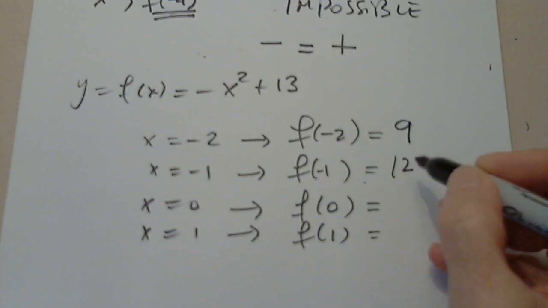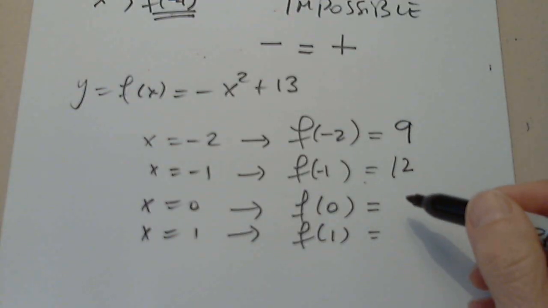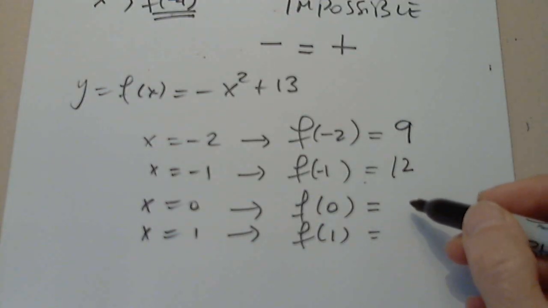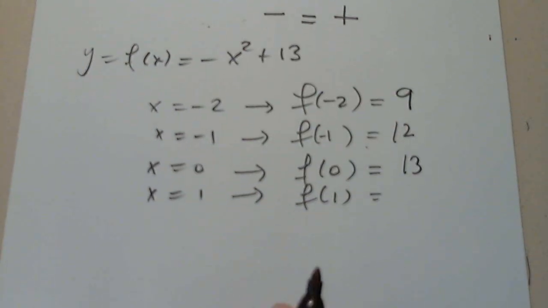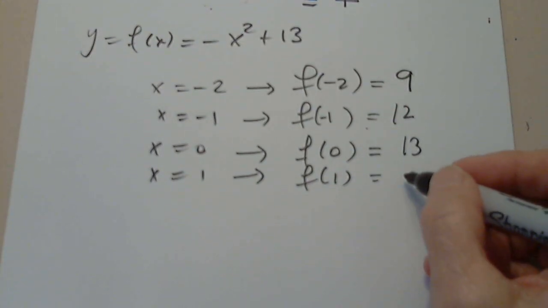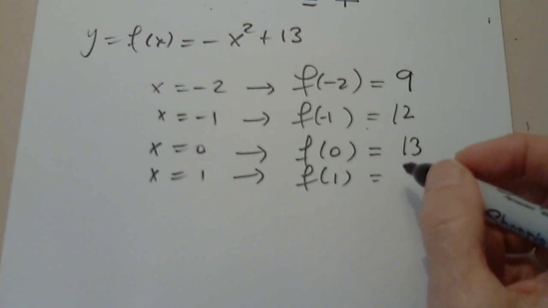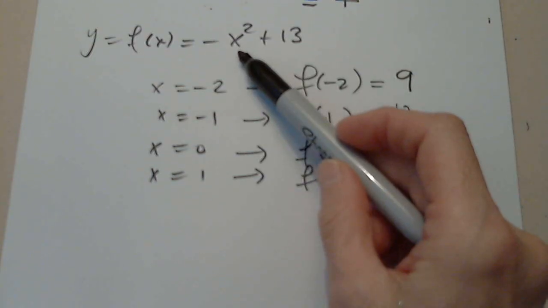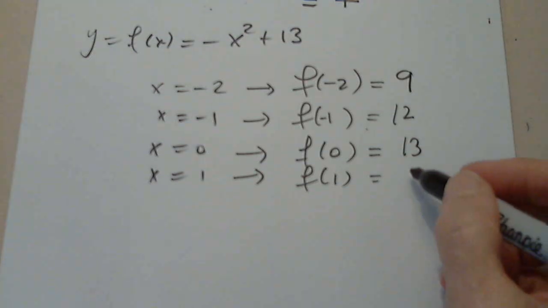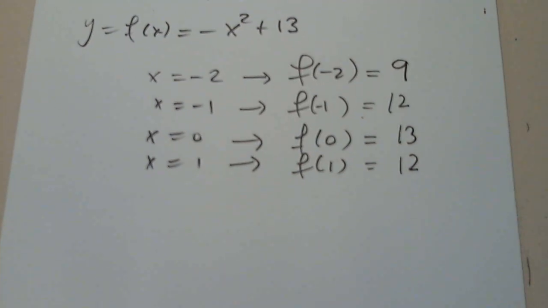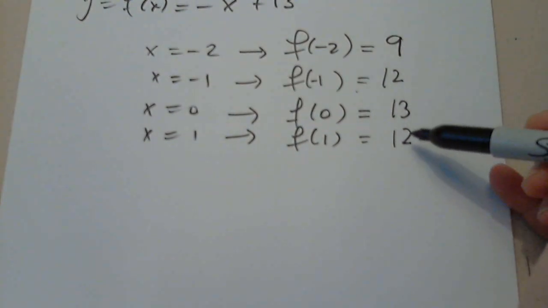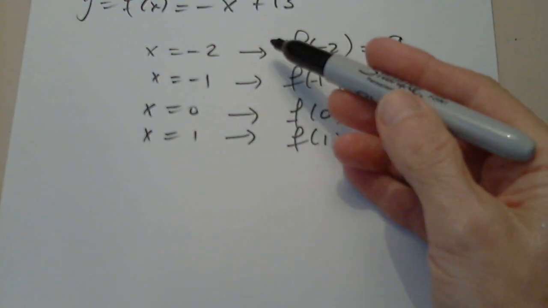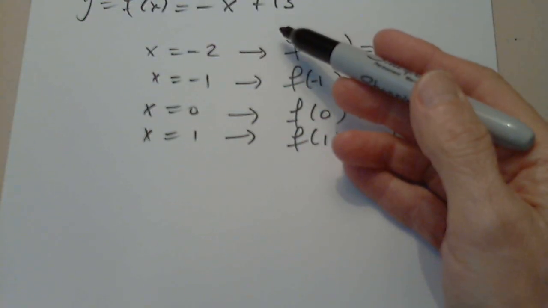Yes, it is. Good. F of 0. 13. Good. And f of 1. 1 squared is 1, with minus. 12. Good. Very good.